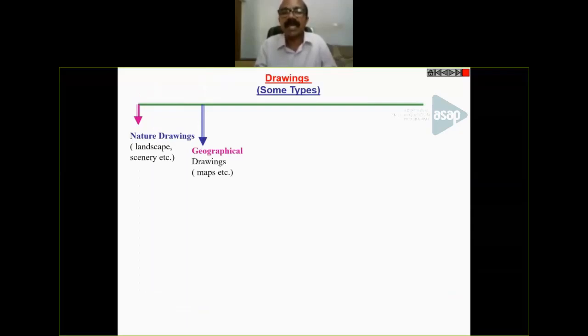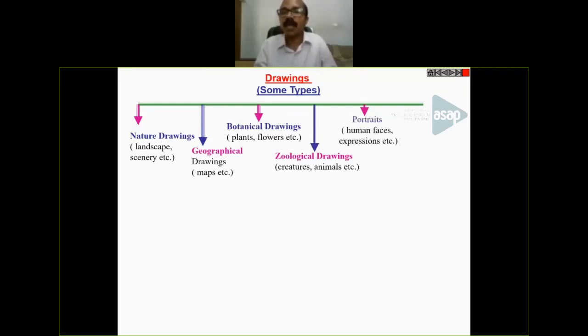Similarly, geographical drawings, then botanical drawings, plants, flowers, etc. Then zoological drawings, certain features, creatures, animals, etc. Then portraits, then engineering drawings. So these are some of the types of drawings, and among these types, we have to study engineering drawings.